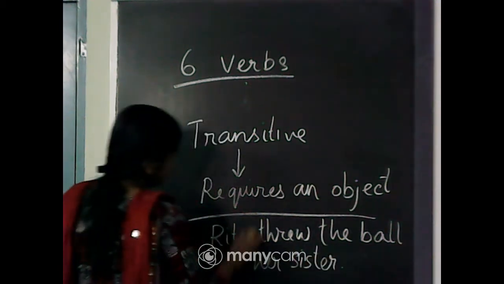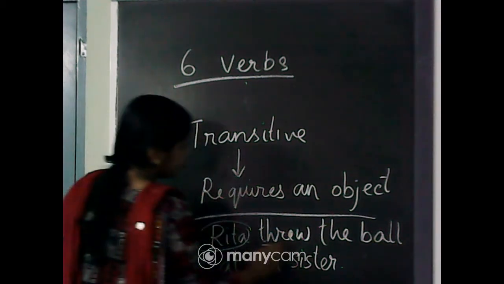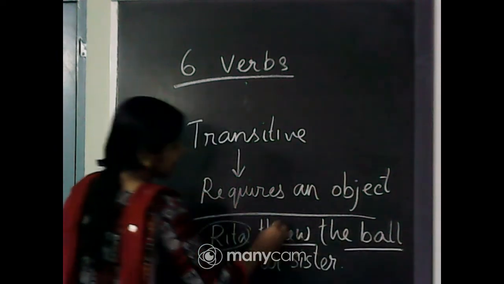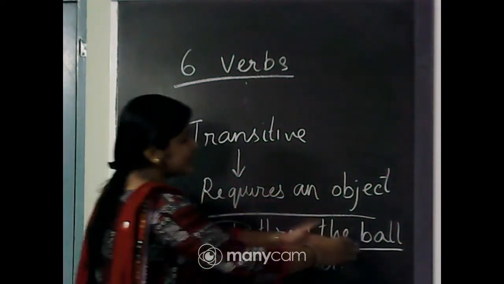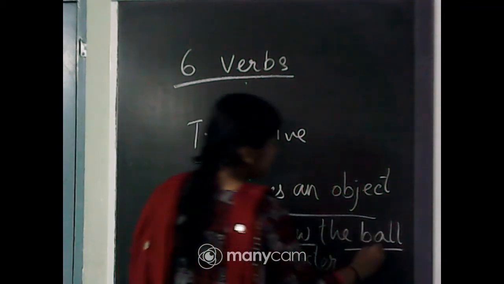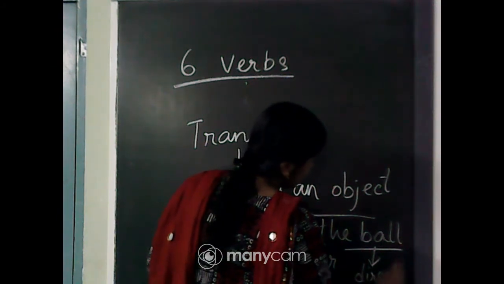This is the subject of the sentence. The main verb is threw, and the object of the sentence is ball because the action of the verb is indicating the ball. That is, the action is directly affecting what in the sentence? That is ball. And so this becomes the direct object of the sentence.